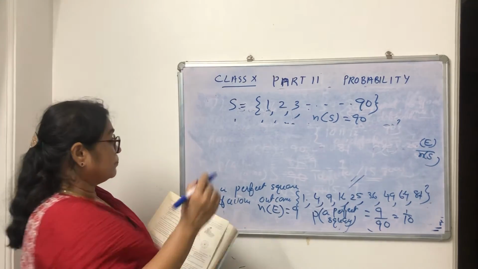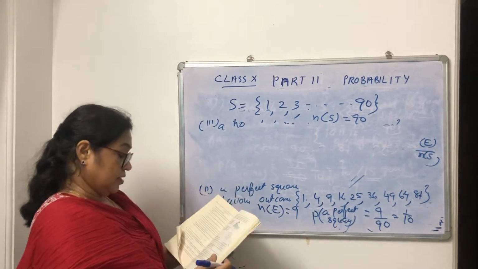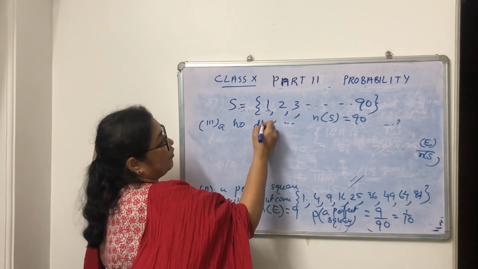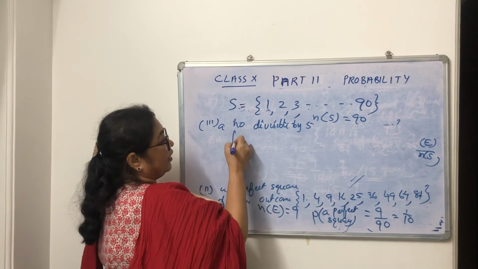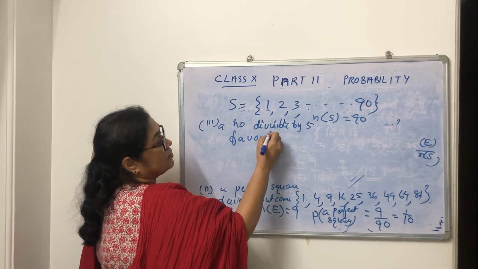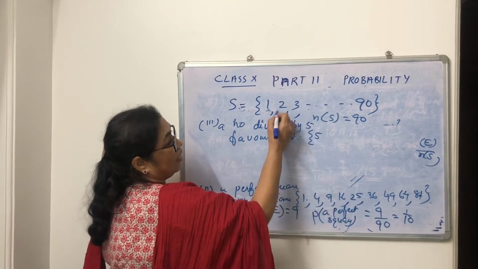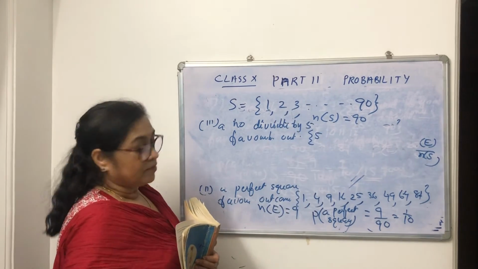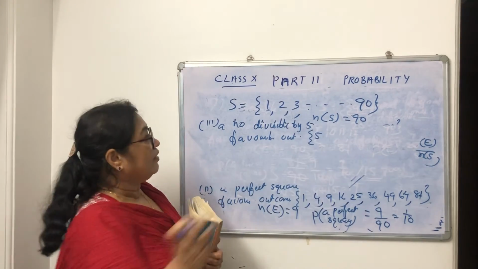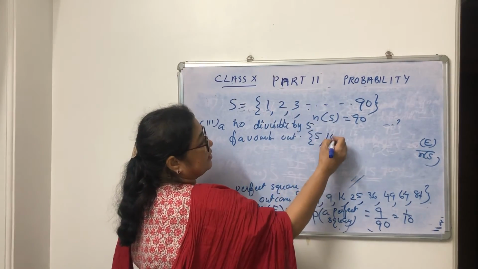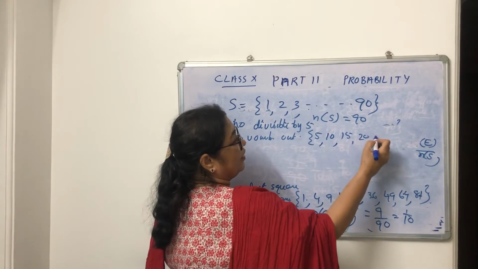Next one, a number divisible by 5. Again the favorable outcomes. Below 10, 5 and 10 are there, then from 10 to 20, 15 and 20, like that.